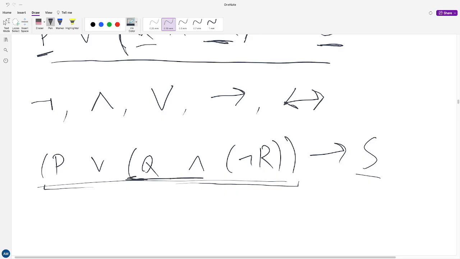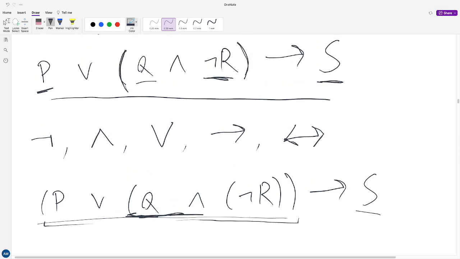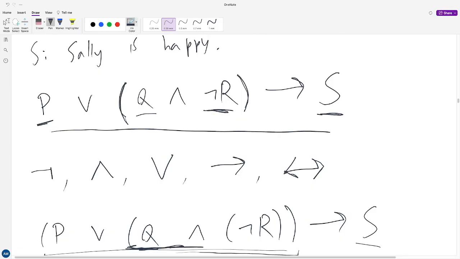Oh yeah, I drew the parentheses around the and, but actually I didn't even need to draw them here. I could actually just, to illustrate what I mean, write this. This is the exact same thing.